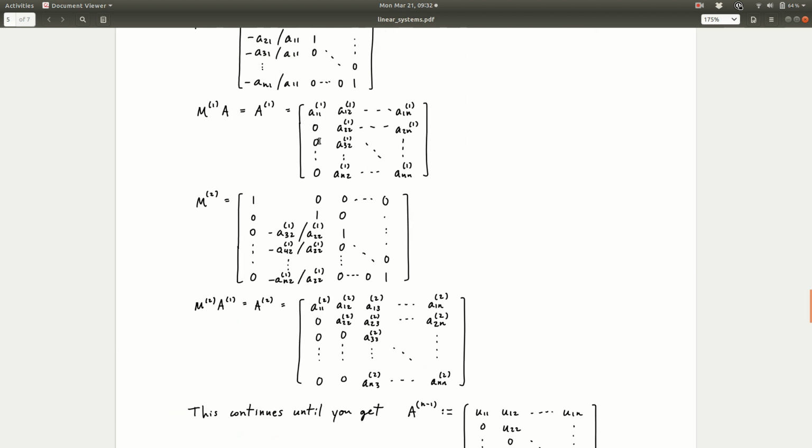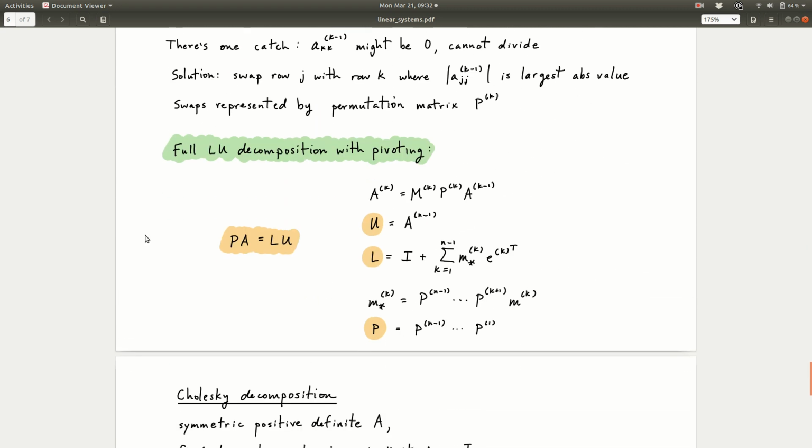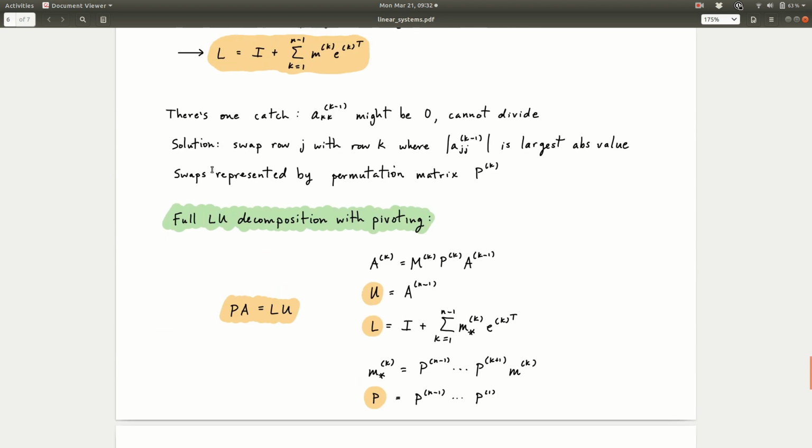So if this ends up being 0, you look at these lower rows, pick the largest one, and swap that row for this row. You'll notice you actually don't screw anything up. By that I mean the pattern of the matrix is the same. You now have a non-zero here by swapping in this one, and you haven't messed up these entries. They're all still 0, because if you swap any of these, you're still going to have a 0 here. Okay, so you do this swapping.